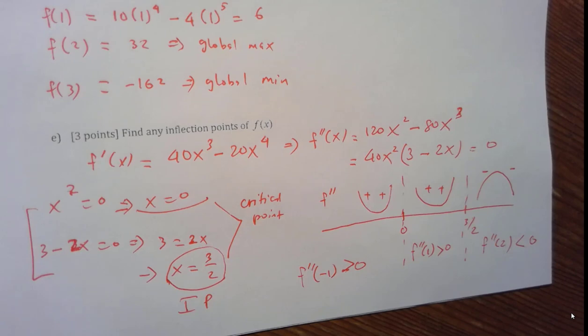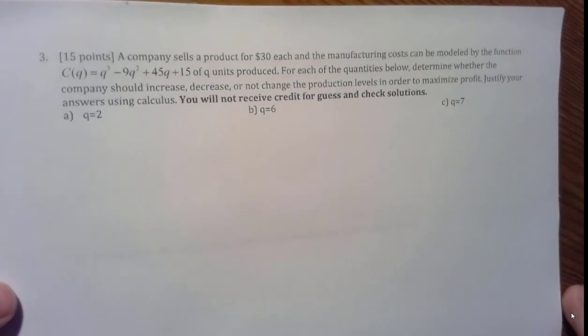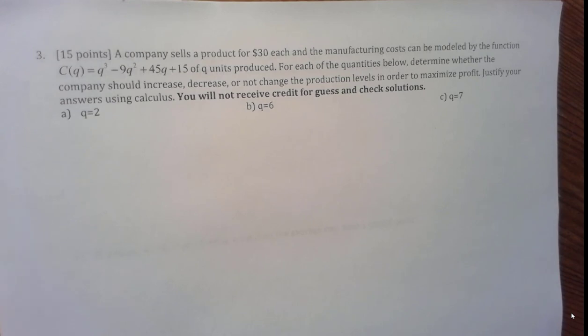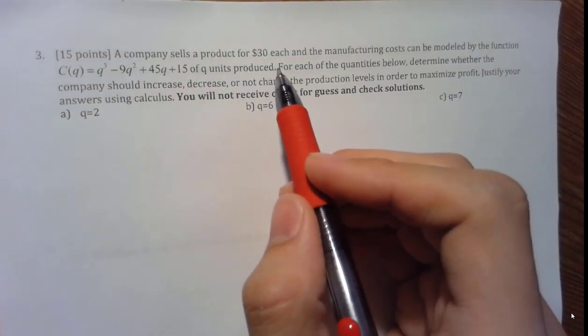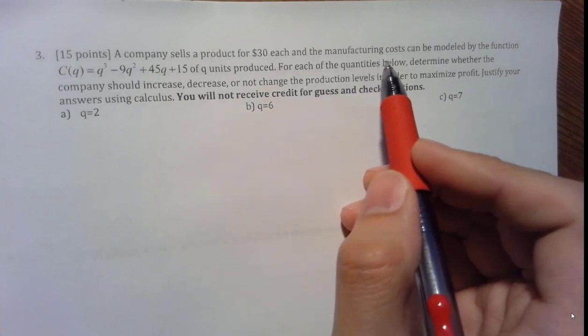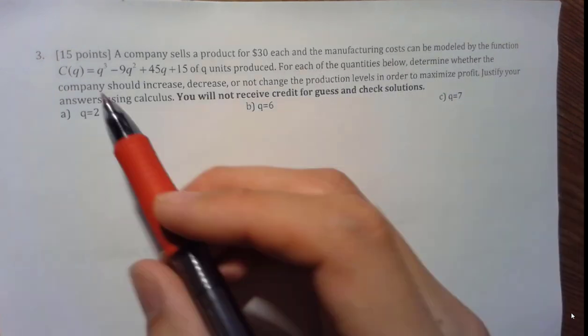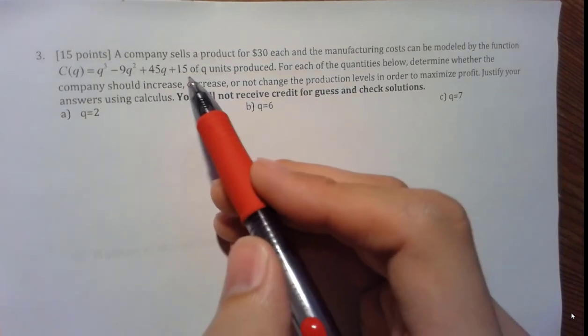Okay, that is the long problem number 2. Let's try the next one. Number 3. A company is selling a product for $30 each, and the manufacturing cost can be modeled by the function C of Q equals the expression.